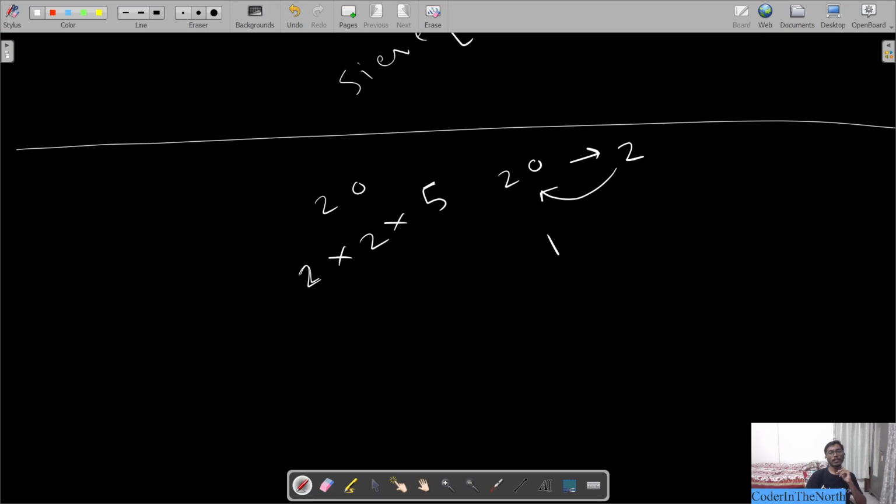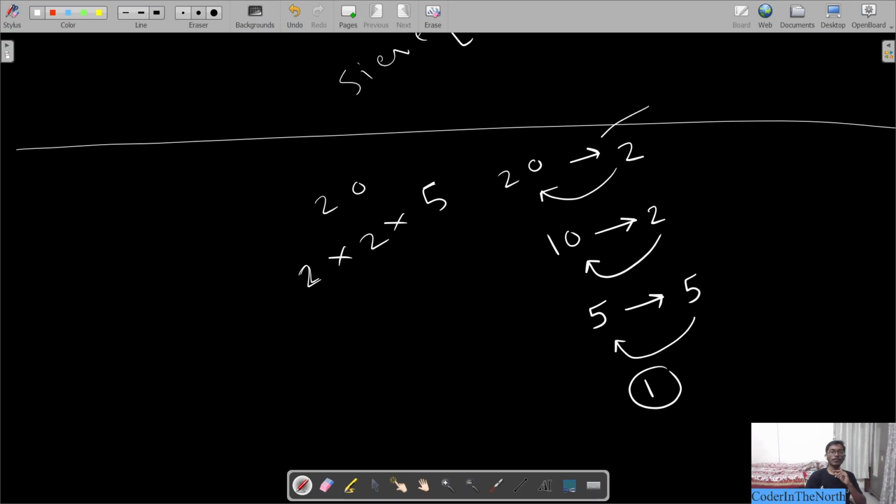Now the number will be 10. 10's smallest prime factor is 2. If I divide 10 by 2, it will be 5, and 5's smallest prime factor will be 5. After dividing 5 by 5, it will be 1, and it will stop at 1.